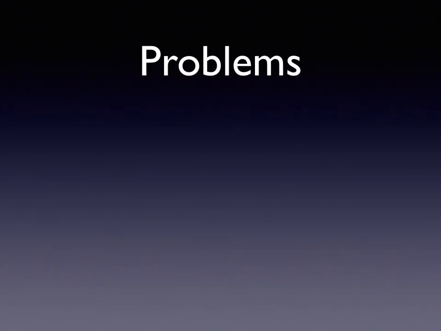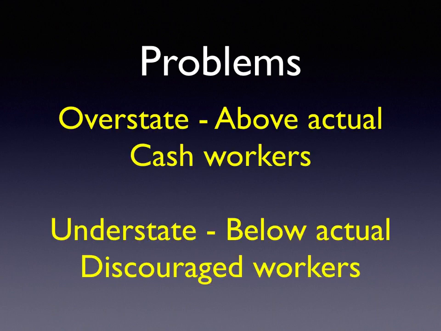Okay, so here's what we're going to do: let's think about some problems that we may have with these rates. The first problem we think about is that maybe the unemployment rate is overstated. And by overstated, we mean that if I report that 5% are unemployed, could that 5% actually be above the real number or the actual number?